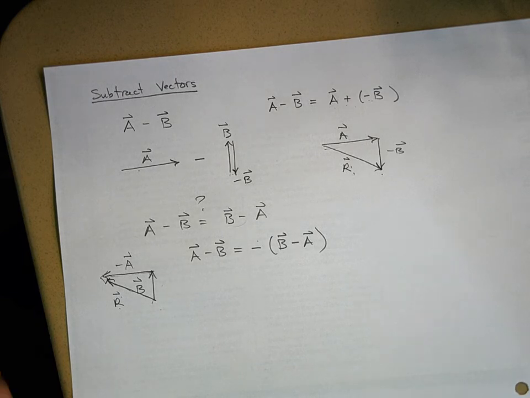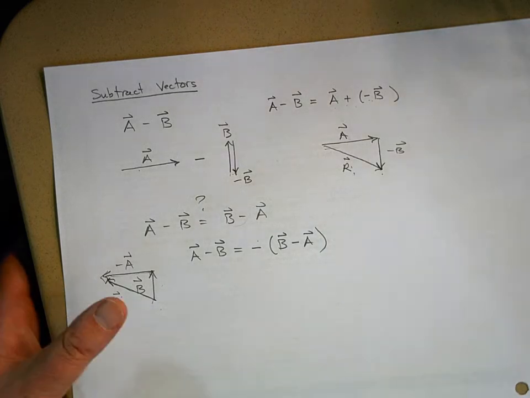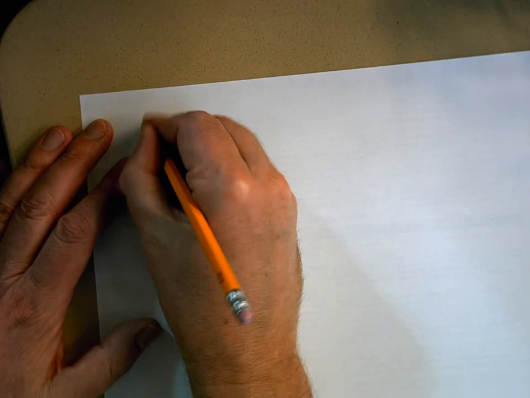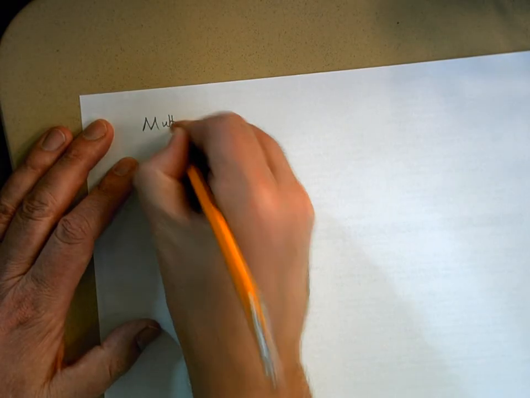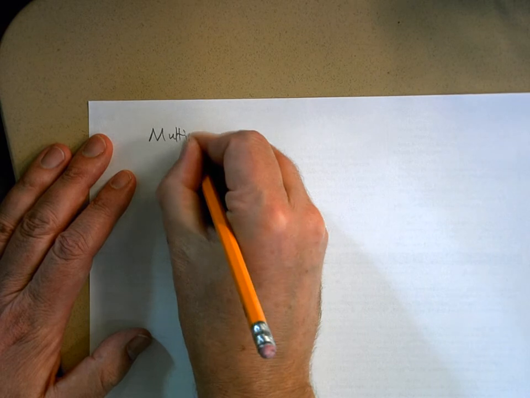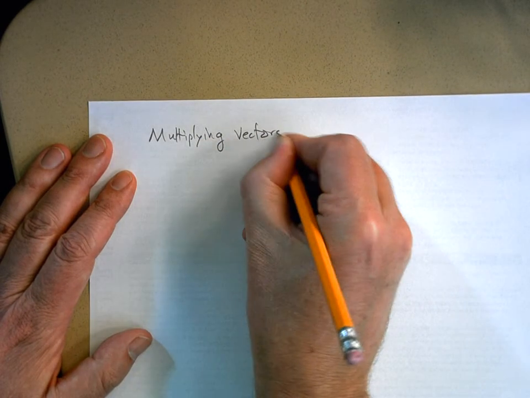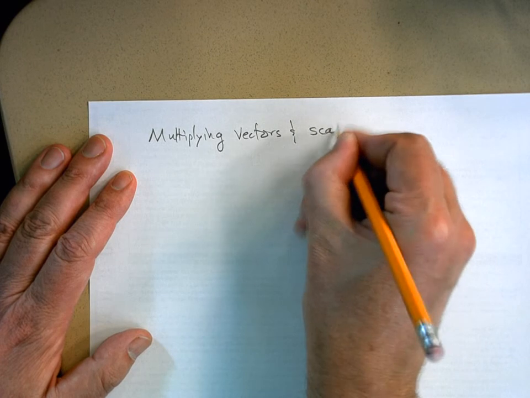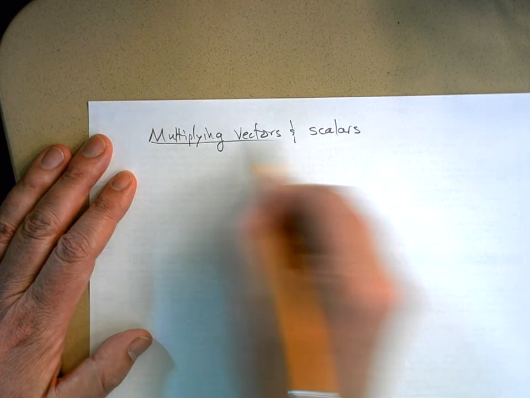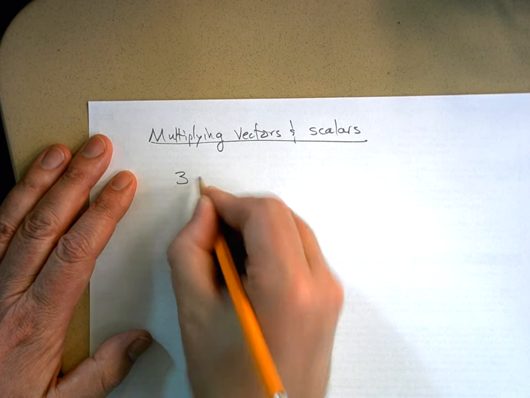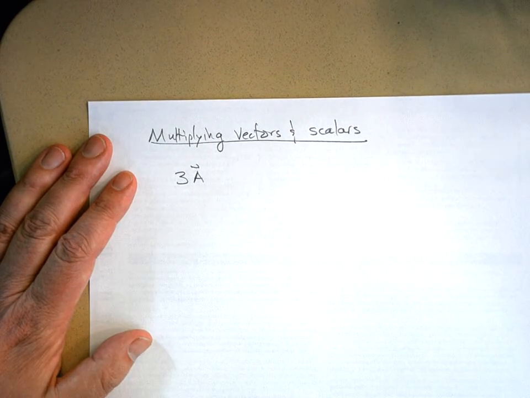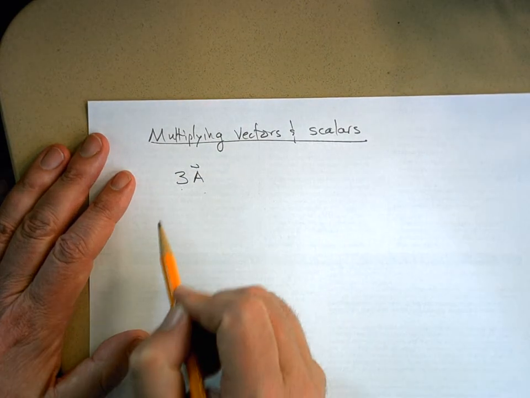Last thing. Multiplying vectors. And I went too long. And if the bell rings, I'm going to finish this lecture, even if the bell rings. So, multiplying vectors and scalars. This is very easy. What if I have 3A? What is 3A? 3 is just a multiplier of A. And 3 is a scalar.